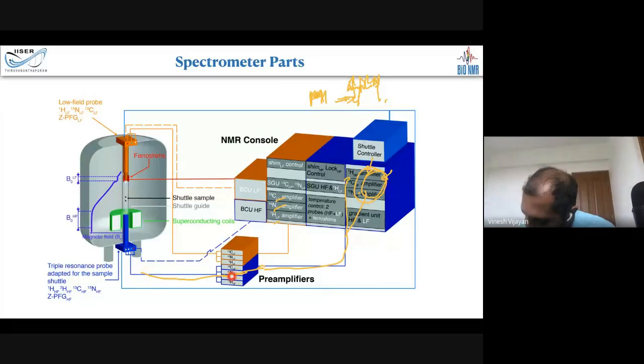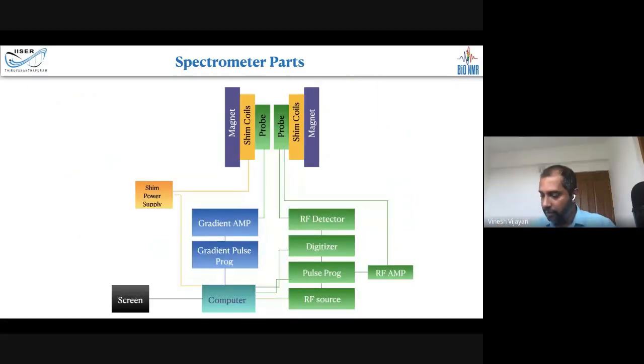So the preamplifier amplifies the signal that comes out and feeds it to the spectrometer, which then amplifies it further and feeds it back to the computer, where it is then processed. All right, so this is how normal NMR goes.